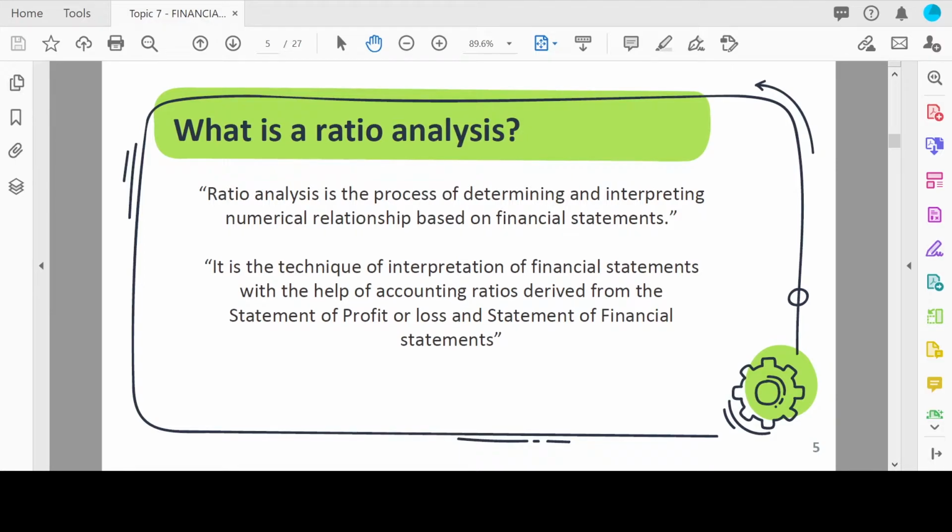But if we leave it as it is, it might not be very useful. So to make it more useful, we are going to create a relationship. We are going to analyze the relationship between these numbers. So we are going to calculate. This is a technique of interpretation of the financial statement, with the help of accounting ratio.